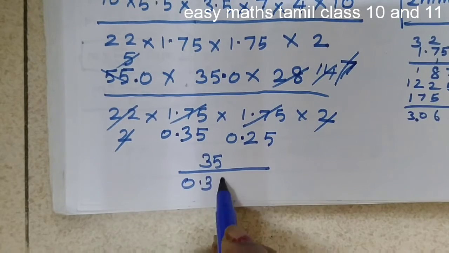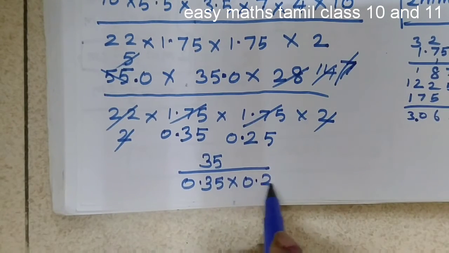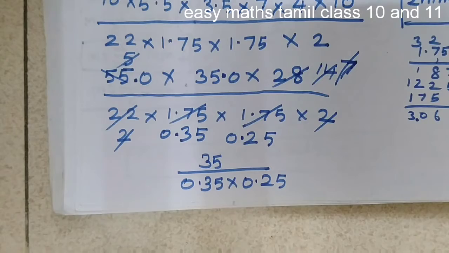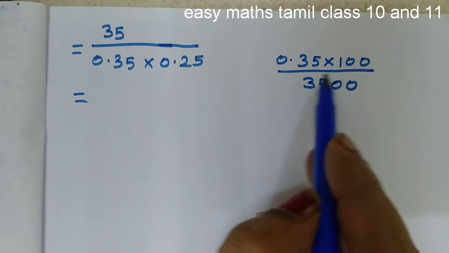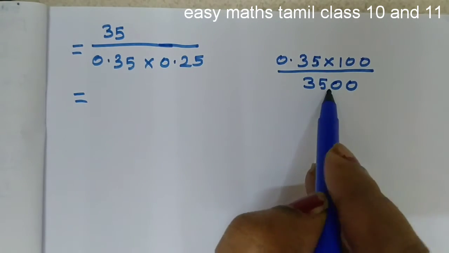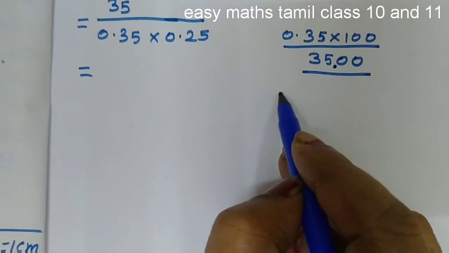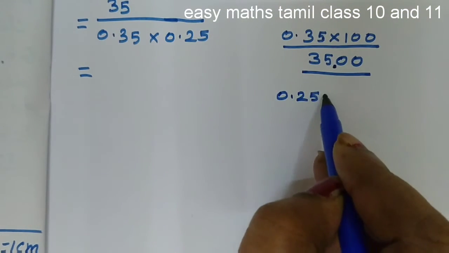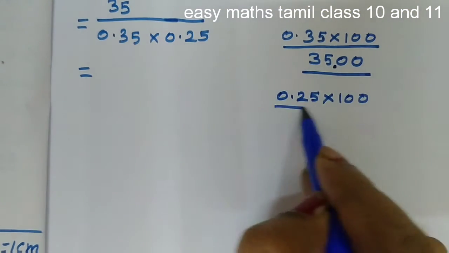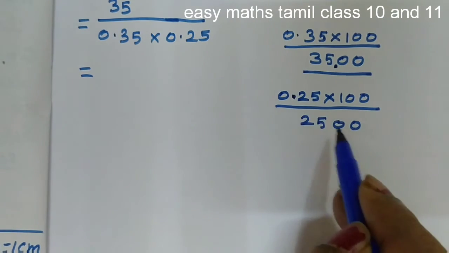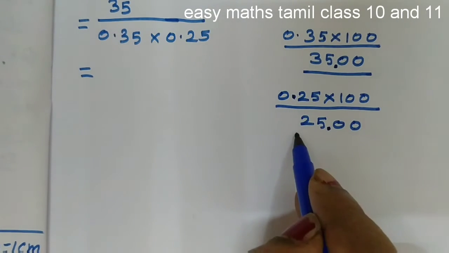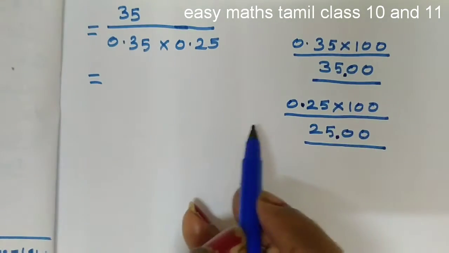Now 35 divided by 0.35 into 0.25. Now convert 0.35 into whole number. So 0.35 into 100 is 35 and 0.25 into 100 is 25.